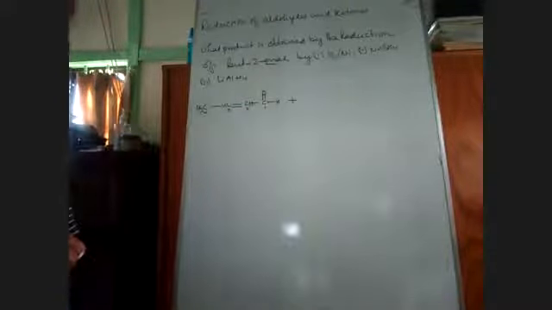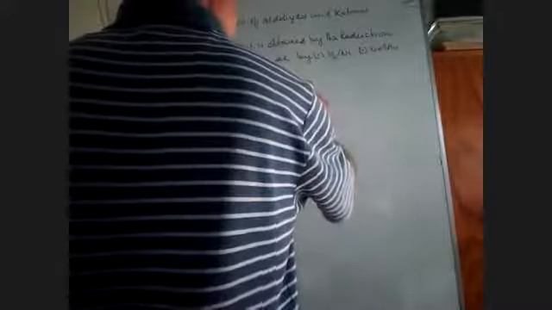Now what does it say? What product is obtained by the reduction of butenal by hydrogen over nickel. Please remember, hydrogen reduces both aldehyde and double bond. So here I write H2, nickel.